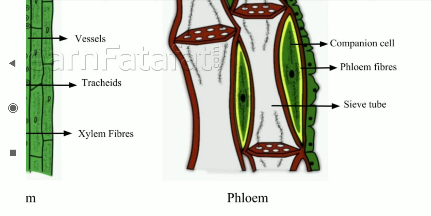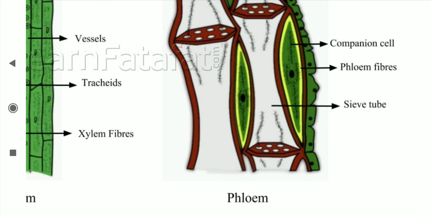Now come to the second cell, that is companion cell. Companion cell, do you know what is the meaning of companion? Anything that lives together, okay, companion. So sieve tube and companion cell, they arise from the same initial cell, means they originate from one cell, therefore form a single functional unit.